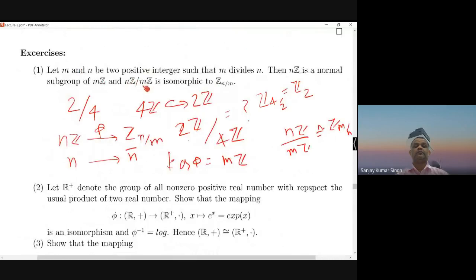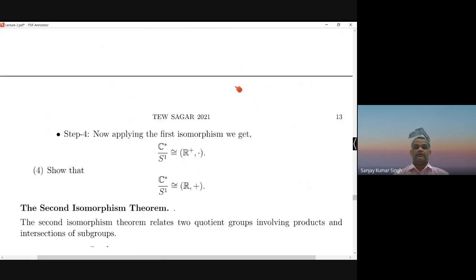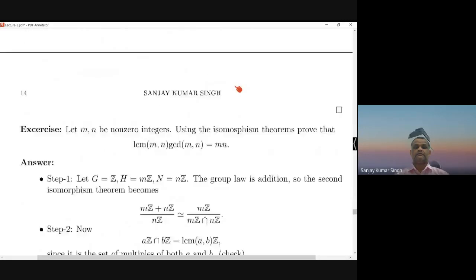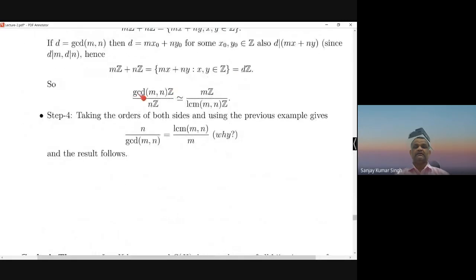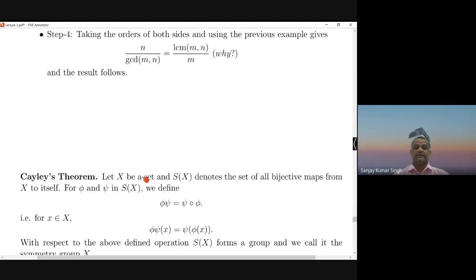So this is a group, and its cardinality is the same as the cardinality of this, which is n by the GCD of m and n. The other quotient has cardinality LCM of m and n by n, and now you multiply here and we get the result.